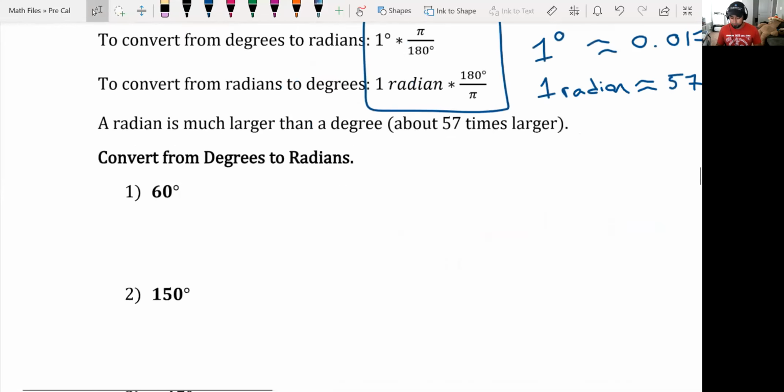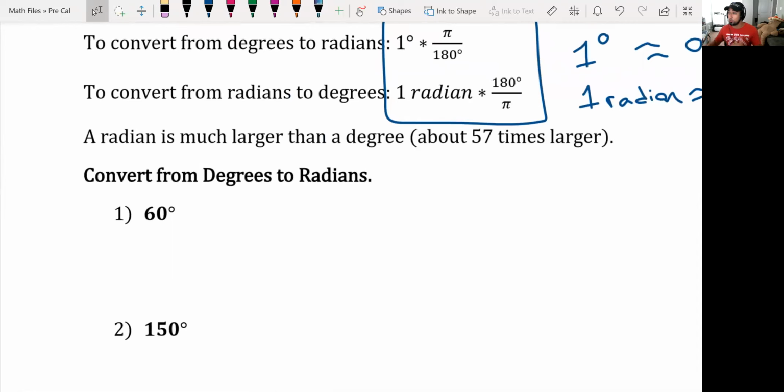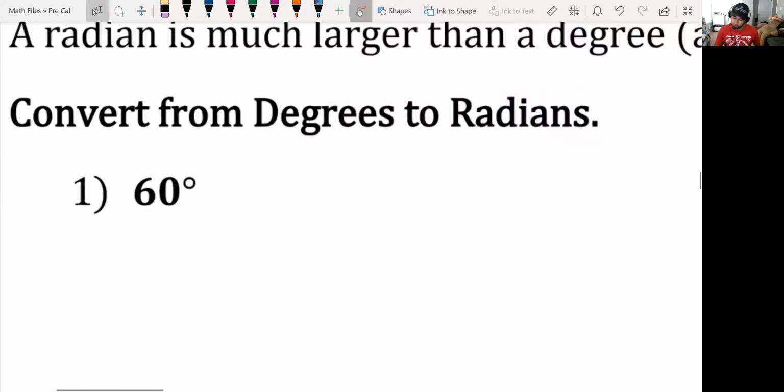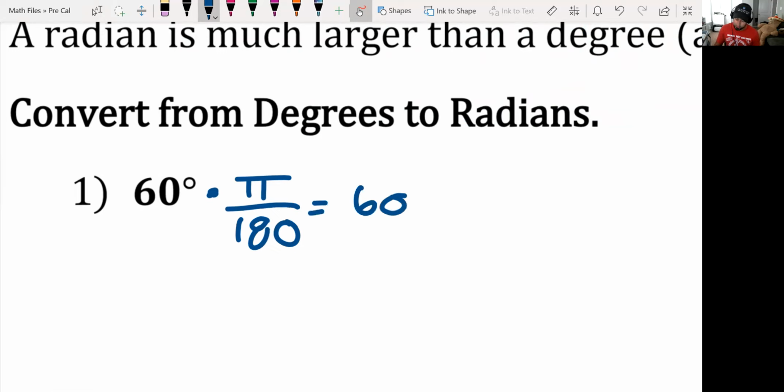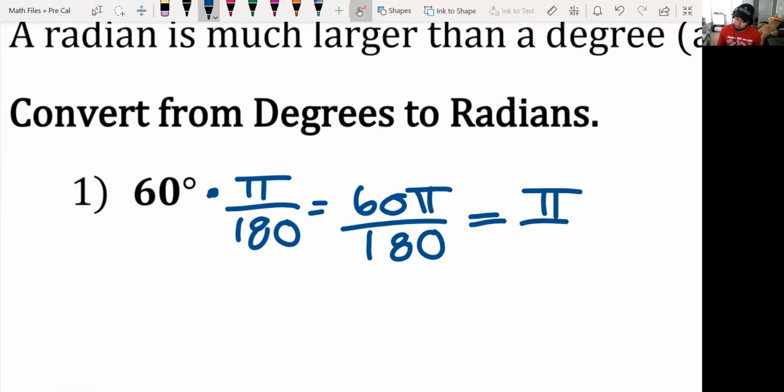All right, so now we convert from degrees to radians. Here I'm given 60 degrees. So all we have to do is take 60 and multiply it by pi over 180 and simplify. So you'll get 60 pi over 180, and we know 60 goes into 180 3 times, so we end up with pi over 3.